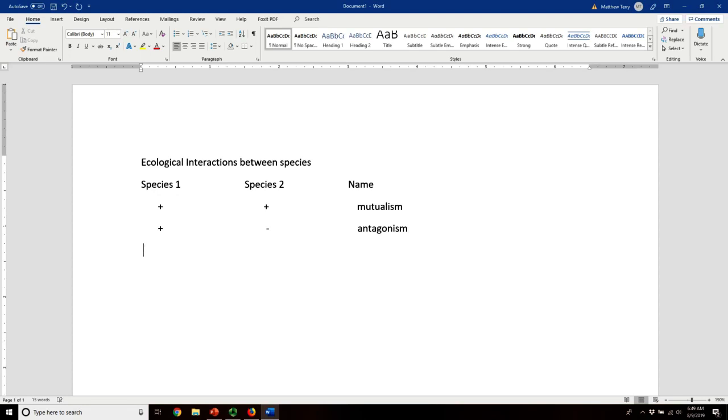The last one that we need to know, there are others, but we won't worry about them. They're not really important for what we need to do. The other one that we need to know is when there's a positive interaction for one species and then a neutral impact for the other species, and this is called commensalism.